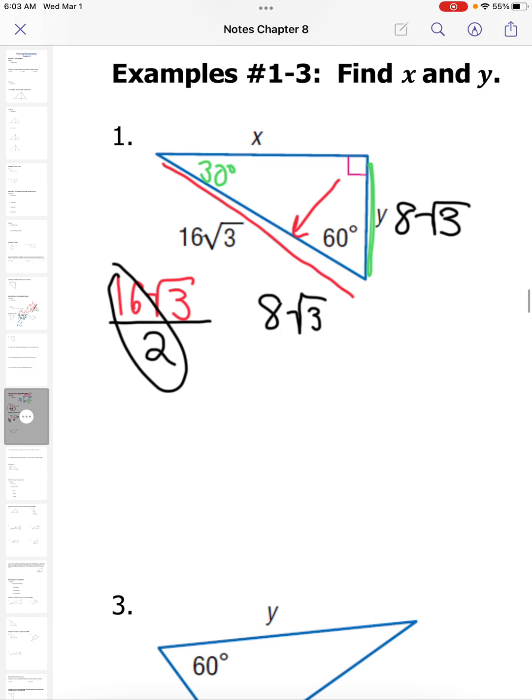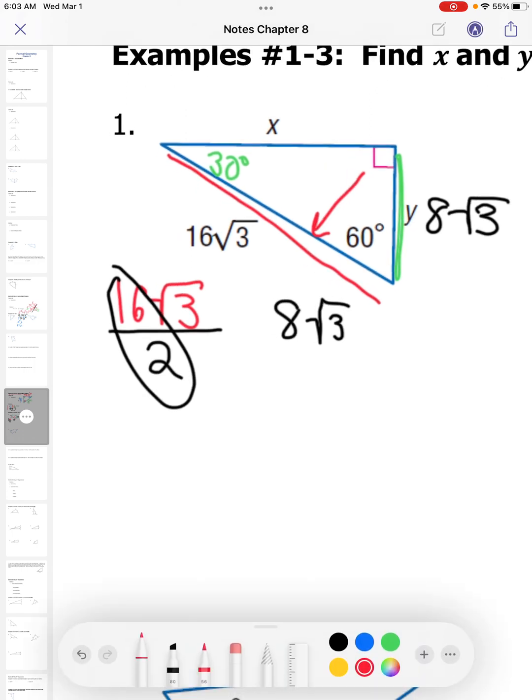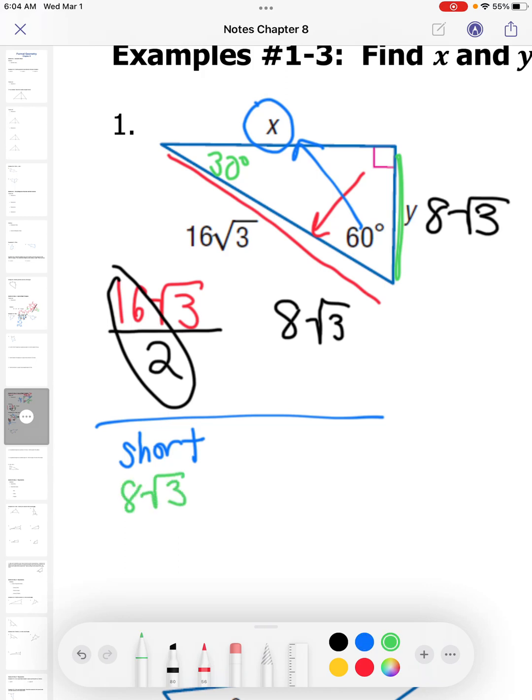All right, so I have 60 degrees. I have x right here. How do I find it? Well, if I'm going to go from the short leg of 8 root 3, I'm going to times it to get the middle leg, because the short leg is n and the middle is n root 3.